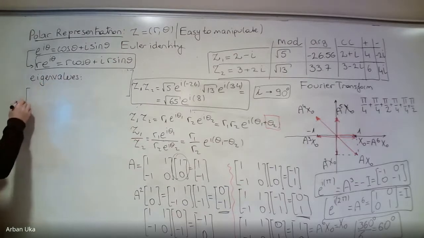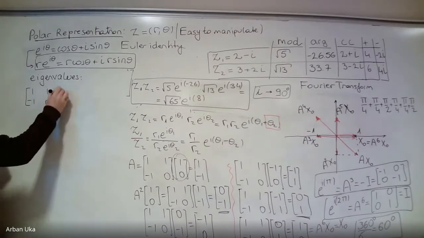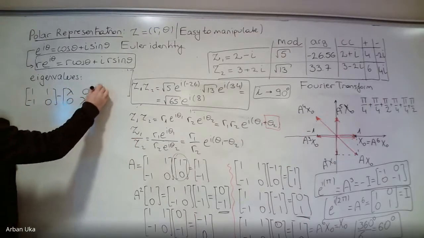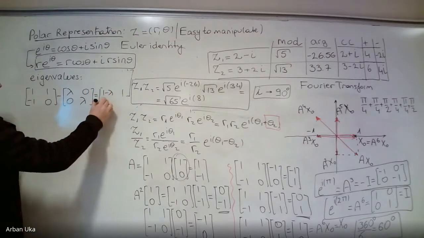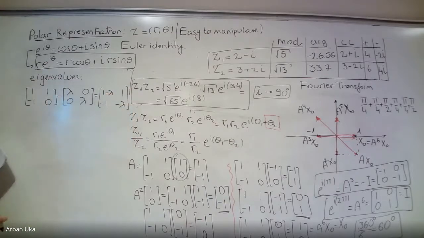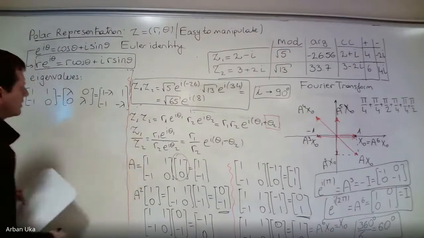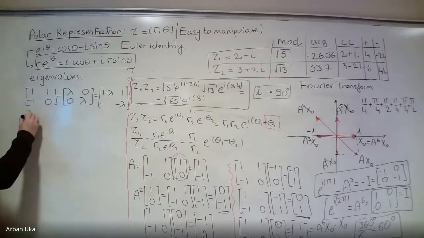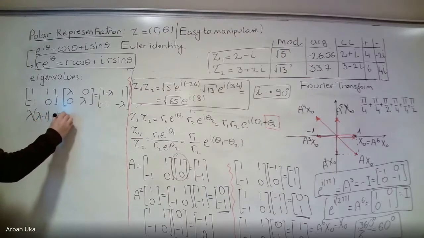We follow the procedure: the matrix with entries 1 minus lambda, 1, minus 1, and minus lambda. The determinant of this matrix should be equal to 0. So we write lambda times lambda minus 1, plus 1, this is 0.